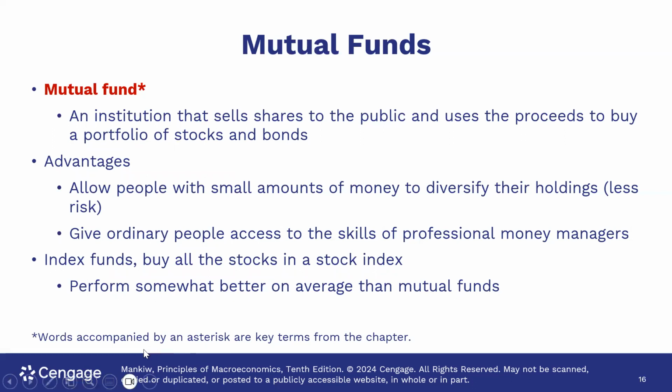So the mutual fund is an institution that sells shares to the public and uses the proceeds to buy a portfolio of stocks and bonds. All right. So we still consider two sides. One side is the general public with extra money, and on the other side is all the financial products or financial instruments that try to attract the money, try to get the finance.